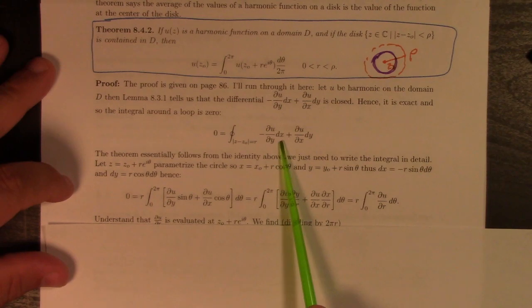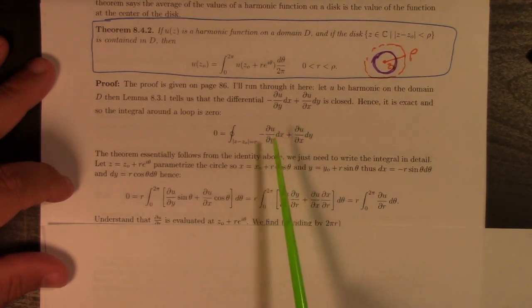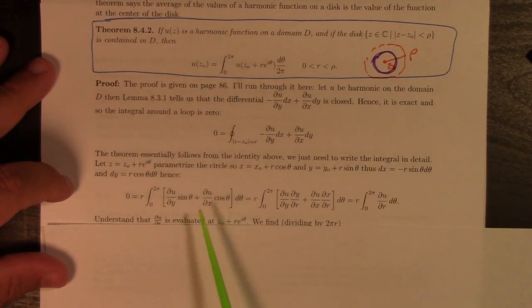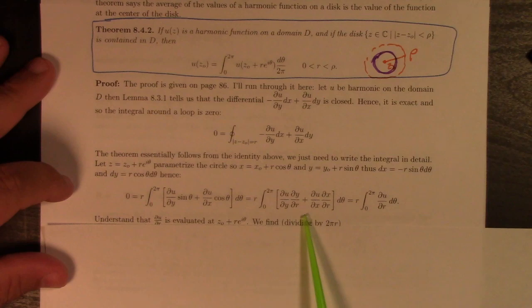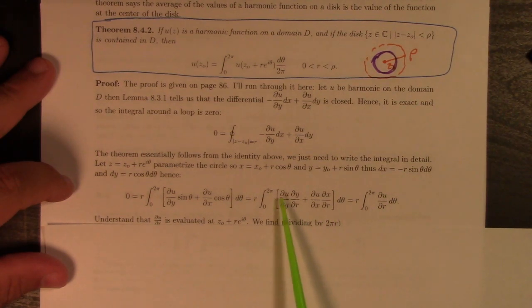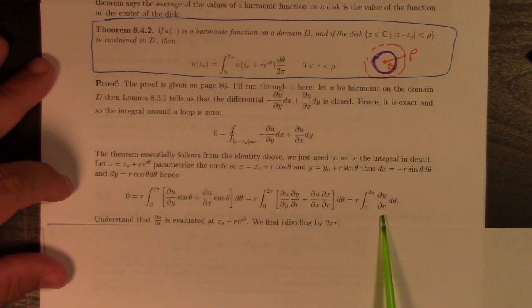The minus with the dx and the minus in the form statement right here cancel out, so we just get a plus. And then if you look at it, that's nothing more than, by the chain rule, partial u partial r, because you have the y dependence and the x dependence and how they change with r. So by the multivariate chain rule, this is just partial u partial r.